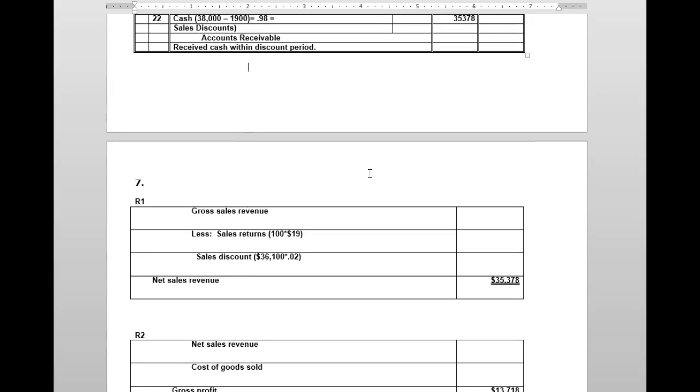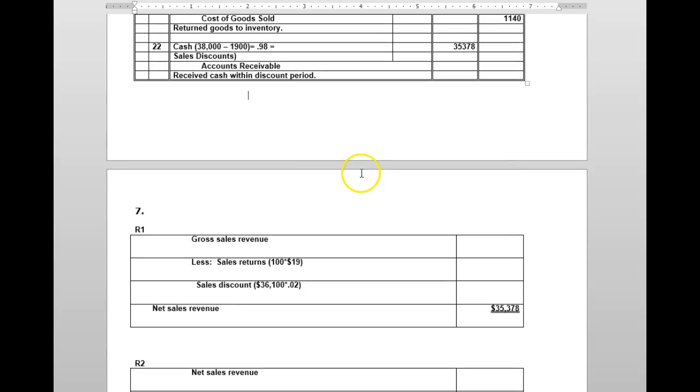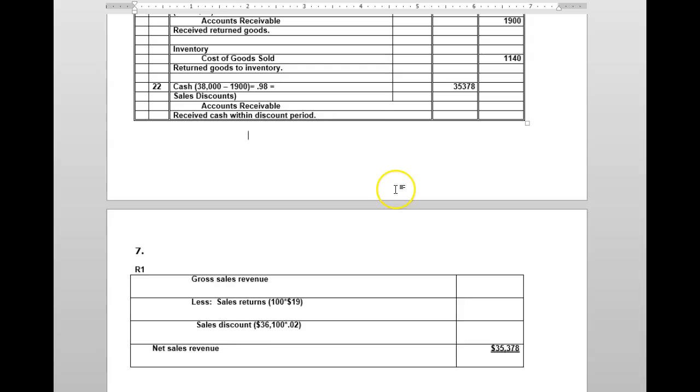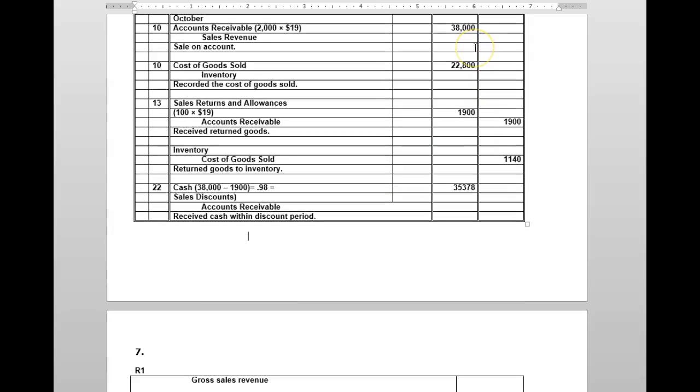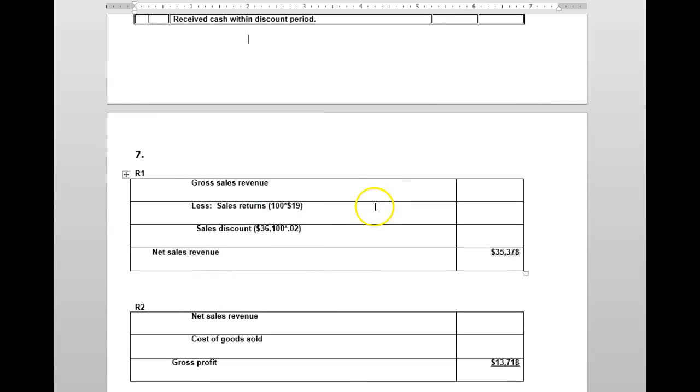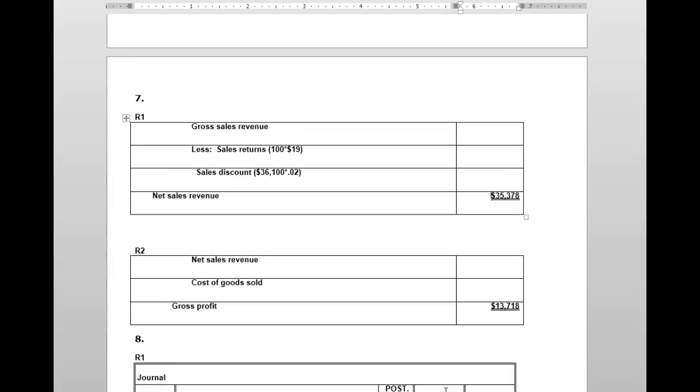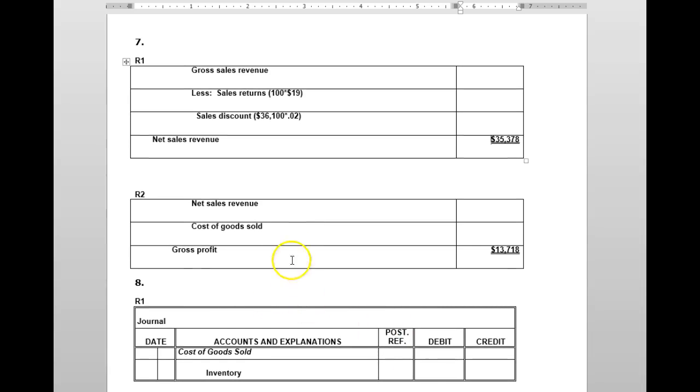Then they ask you the gross sales revenue. So you're going to take your gross sales revenue up here of 38,000, less the sales return, less the discount, to come up with the net sales revenue. And then they want the net sales revenue to get your gross profit.